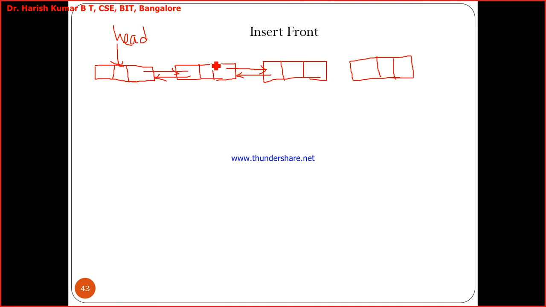Address of this node is here. What does this mean? Address of this node is here. Next, what else do we need to do? We have to store the address of the head node here.